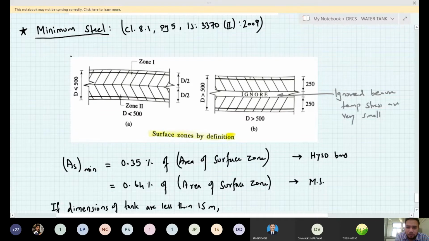So you leave the cover and satisfy the cover requirements, and then you provide the steel. As far as possible we have to provide the minimum steel near the surface, satisfying the cover requirement.